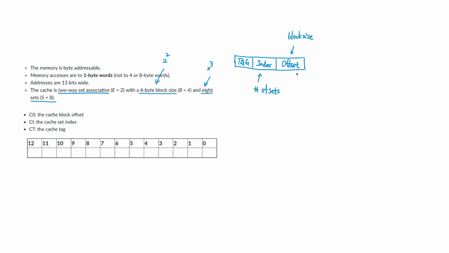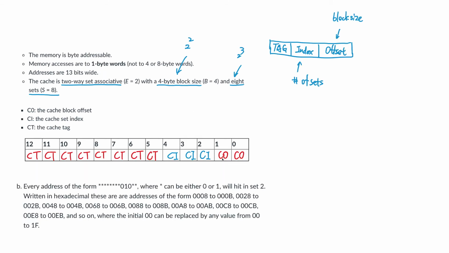And the offset should be at least 2 bits, because the offset determines which byte in the block you are referring to, and the index determines which set you are talking about. So in this question, we only need 2 bits for the block offset, and 3 bits for the cache set index, and then the rest are all the cache tag.